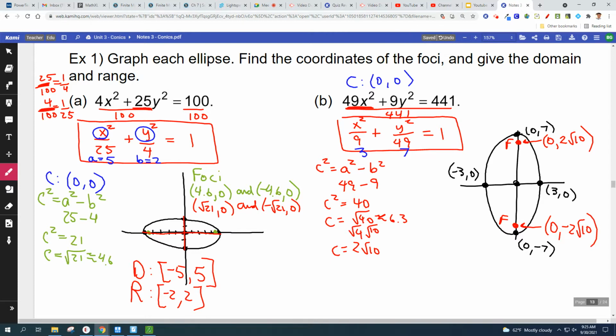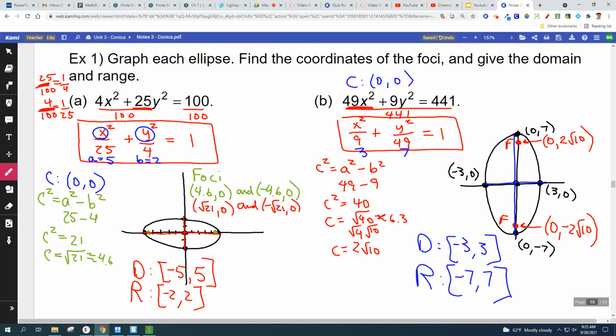Why did I need the 6.3? That just helped me know where to graph it. Domain. Domain is the x. And if you look at this, it goes from negative 3 to positive 3. Range is the y. Looks like it goes from negative 7 to positive 7.